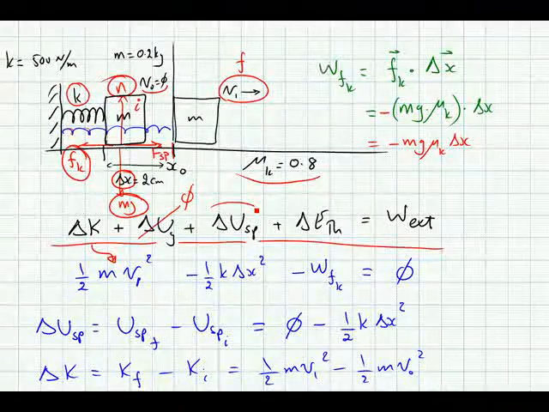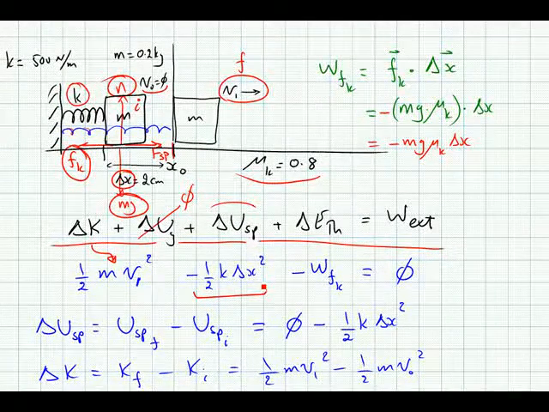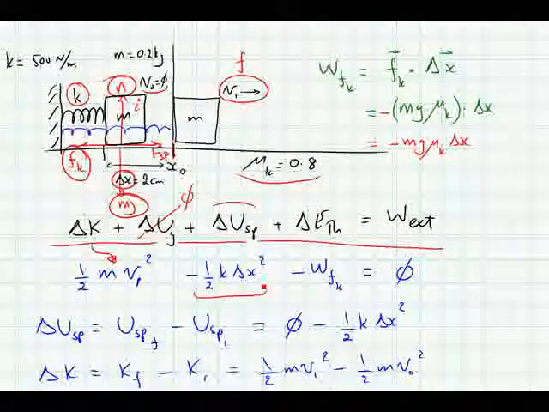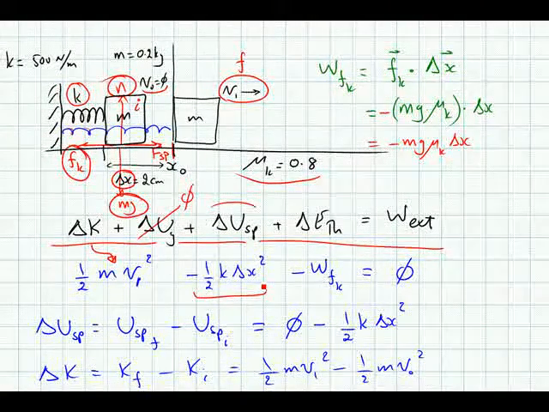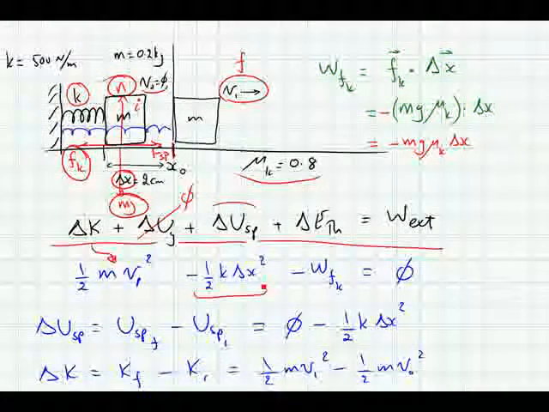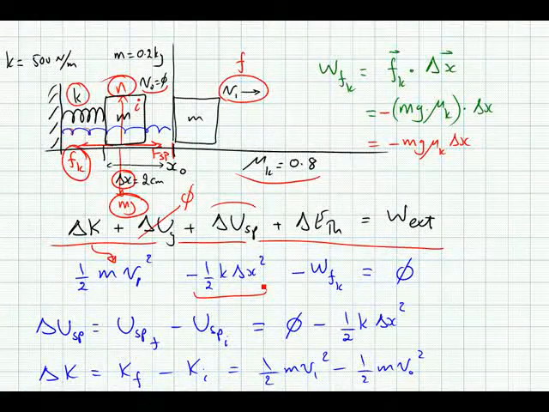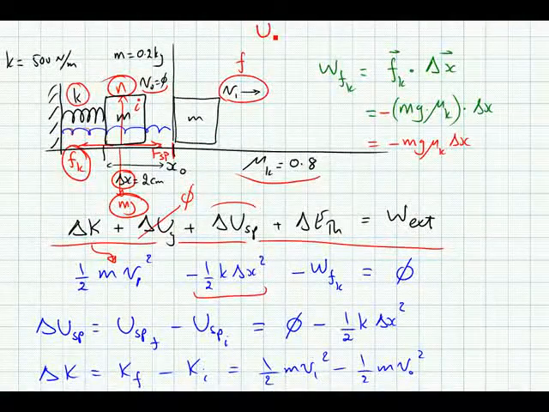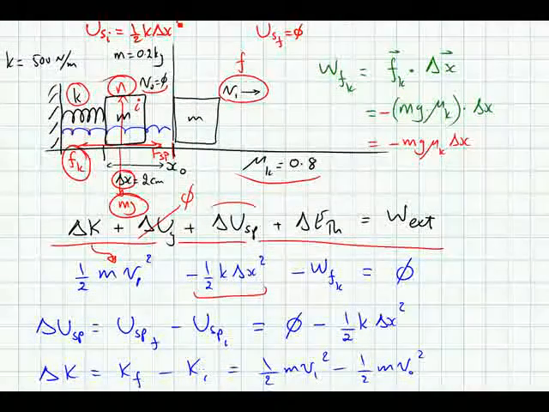Change in the spring potential energy is negative 1/2 of k delta x squared. That's because for the spring potential energy, we go from 1/2 of k delta x squared to 0. The US final is 0, whereas US initial is 1/2 of k delta x squared.